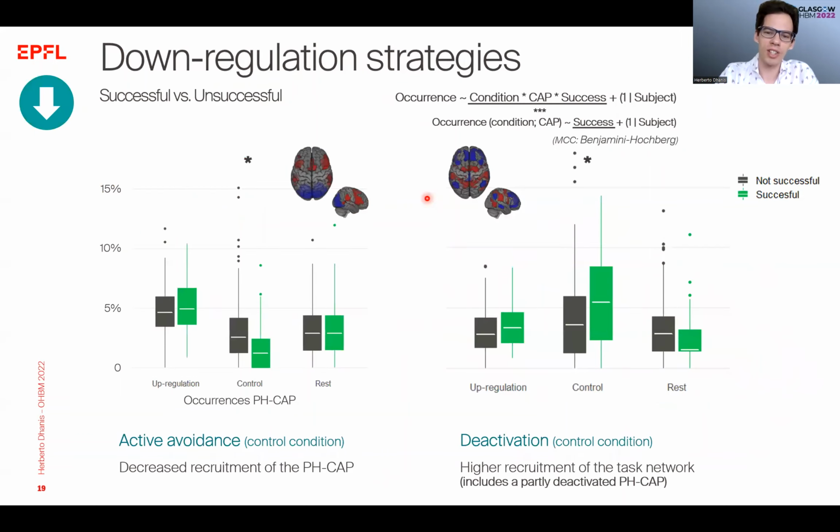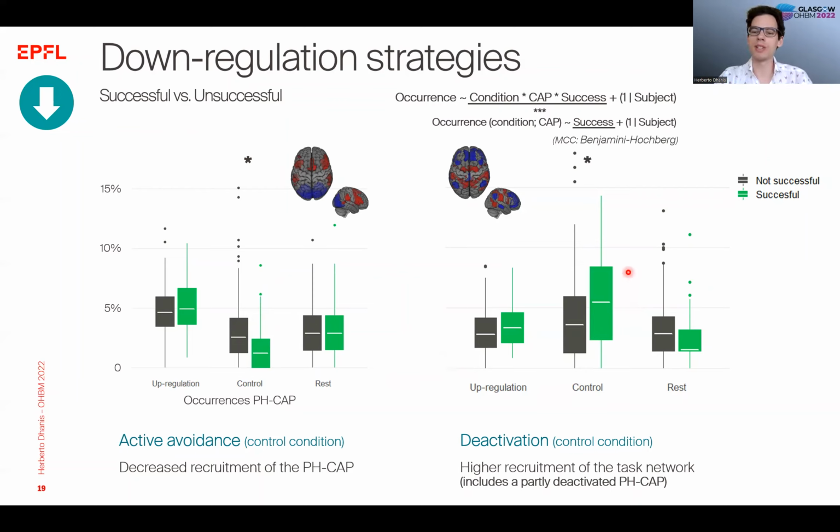Our second strategy actually happens during the control condition, and it's more of a down-regulation strategy. So what we observe is that during control, participants significantly recruit less the presence hallucination CAP when they are successful, and they also deactivate it. Why?